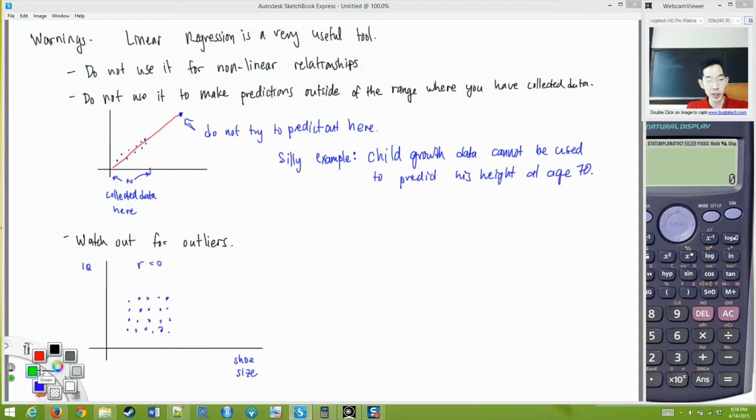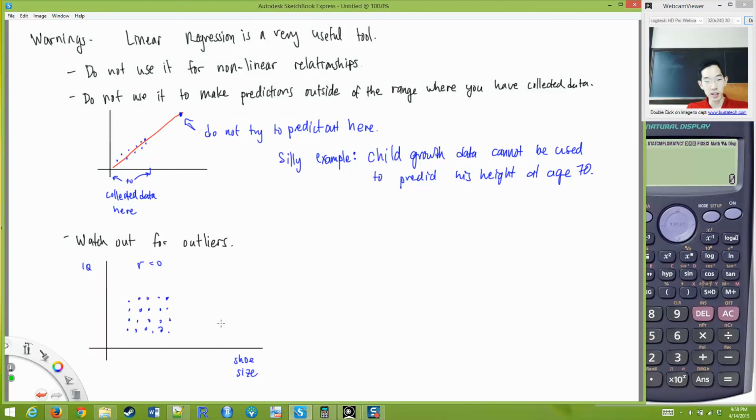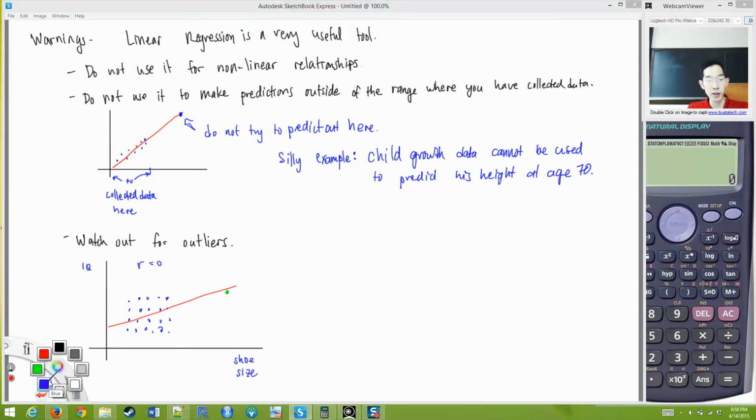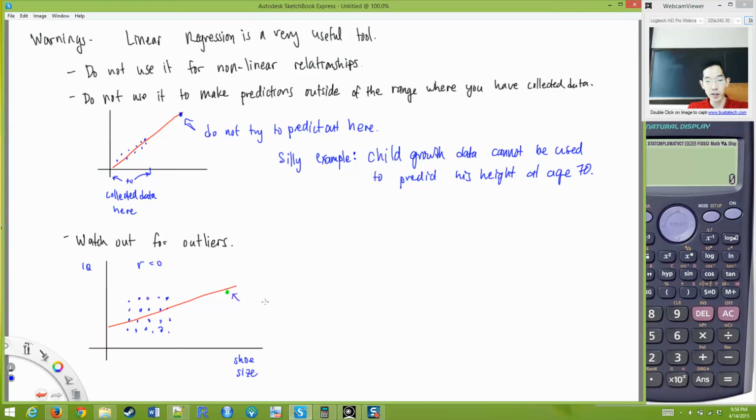I'm going to add a data point. You get Bozo the clown, who has huge, abnormally large feet, and he is actually very smart, so he is something like here. When you have this data point, suddenly the regression tries to fit this outlying point. So this outlier influences the regression.